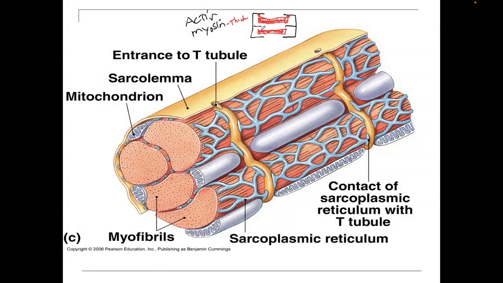And the myosin is going to have these extensions coming off of them that are called myosin heads. Okay, so this little structure between actin and myosin, the way these interact with one another, they call that a sarcomere.